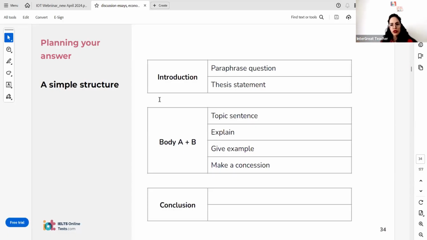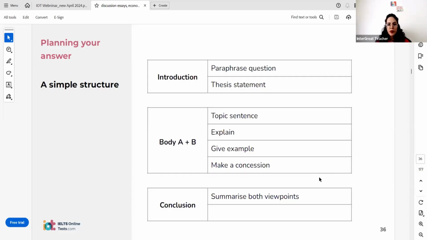Moving on to the conclusion. What do I need to do with the conclusion? Help me complete this: both viewpoints. Okay, very good. So I need to give a summary, right? That's what a conclusion paragraph does. Be careful with the spelling of summary, with Y at the end.